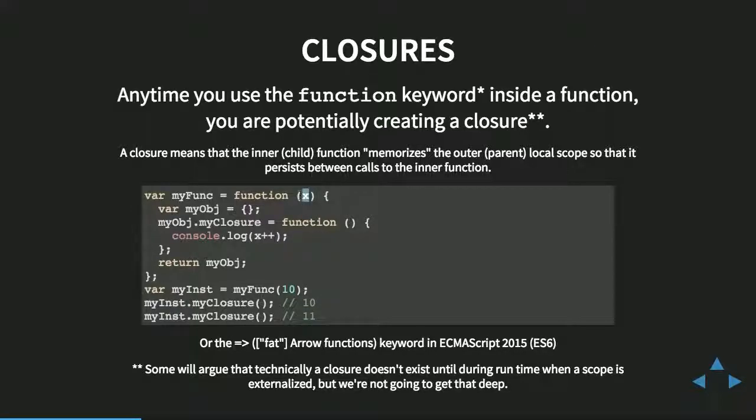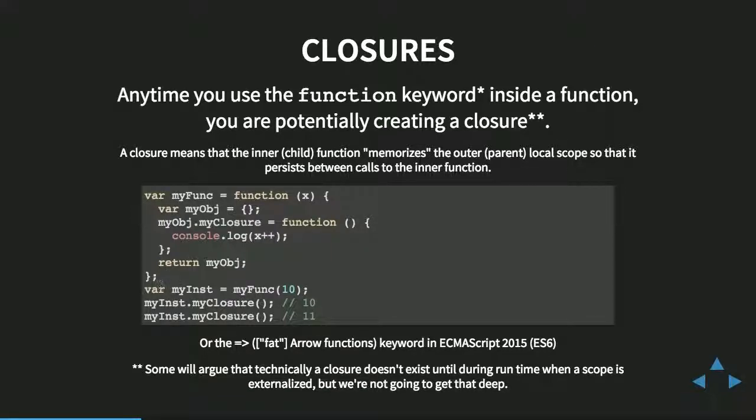X was defined here in the parent. I'm referencing it here in the child. I return my object. Basically, I set this to my function of 10. I call that method. The first time it sends out 10. Second time it sends out 11. Does that seem clear?